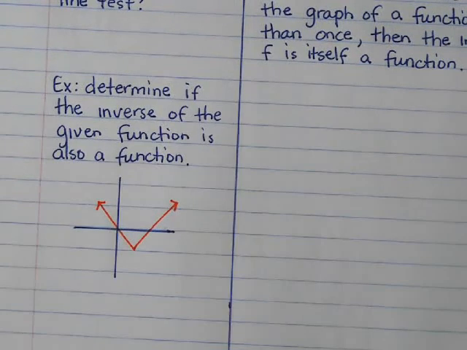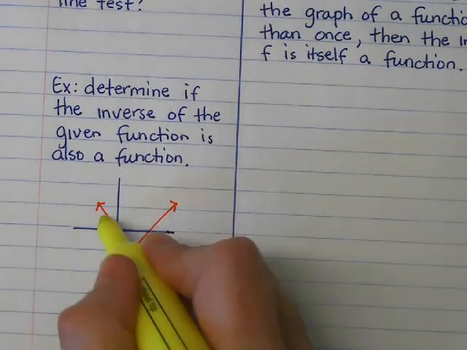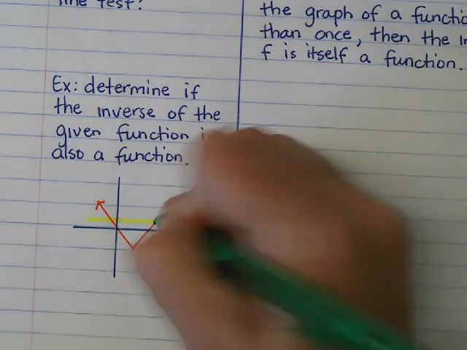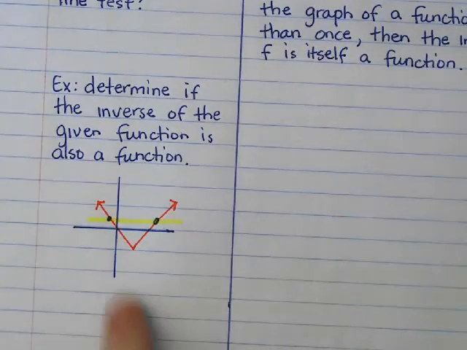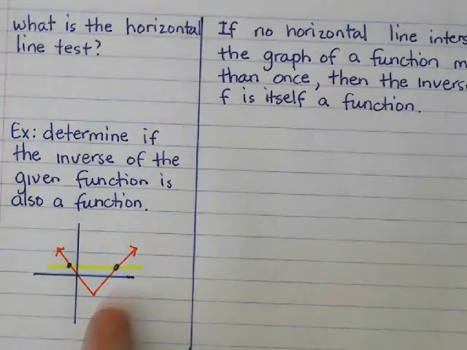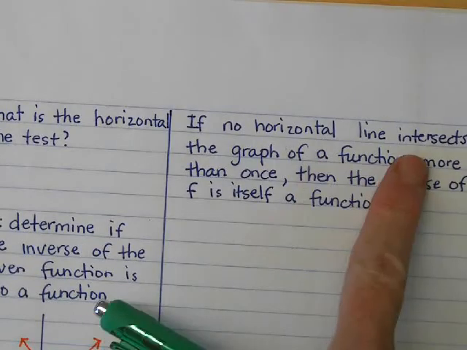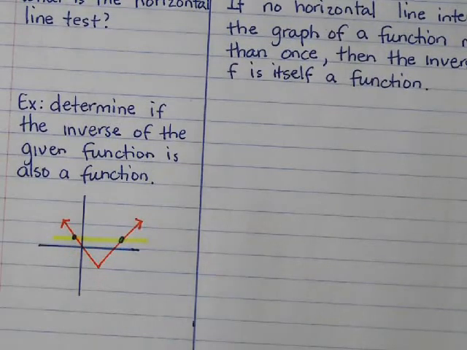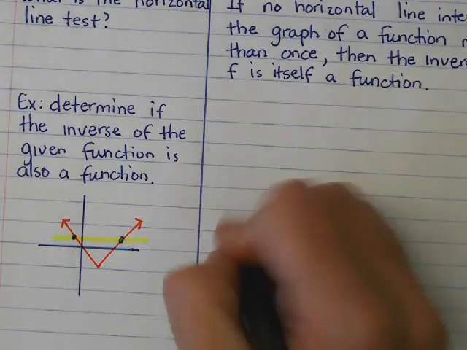So what I do is I check with a horizontal, not a vertical line. So I draw a horizontal line anywhere. Is there anywhere that I can draw a horizontal line that touches in more than one spot? Yeah, it touches here and it touches here. So that tells us it intersects more than once. So this is saying, it failed the horizontal line test.